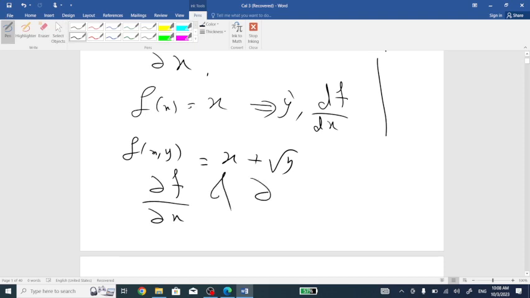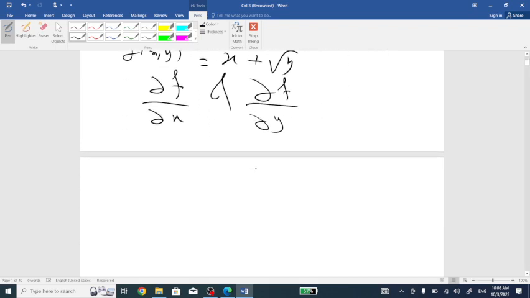And at the same time, my function can also be derived partially by y. Clear? Did you understand? Good. Later on we will see how to do it.